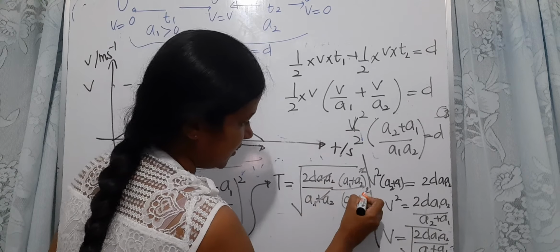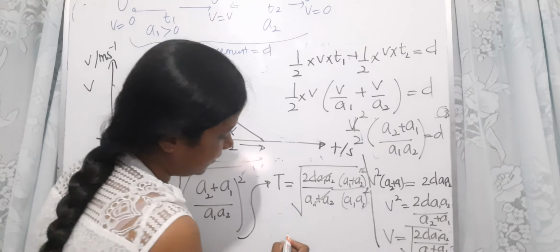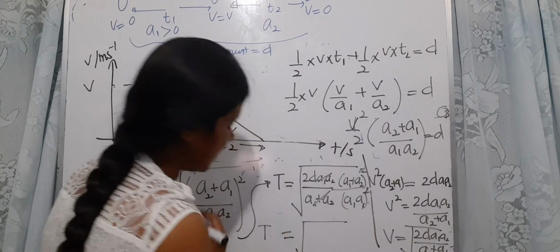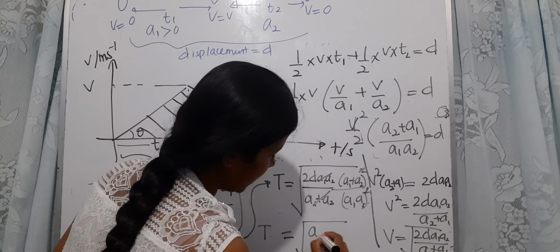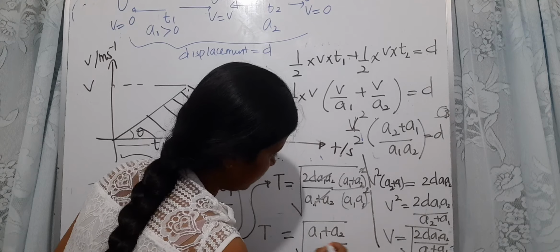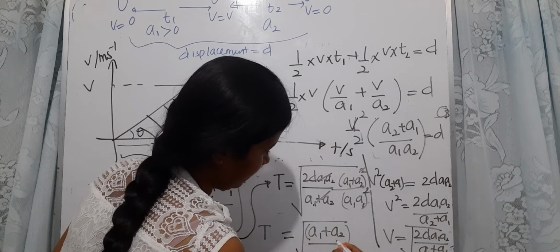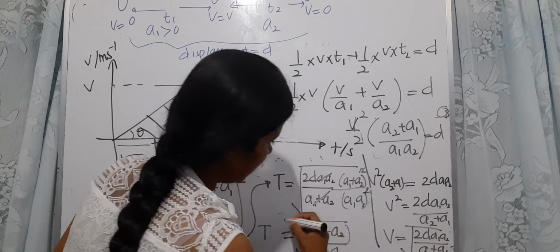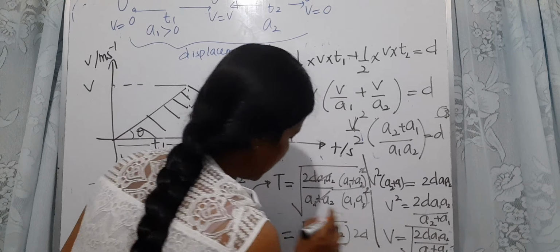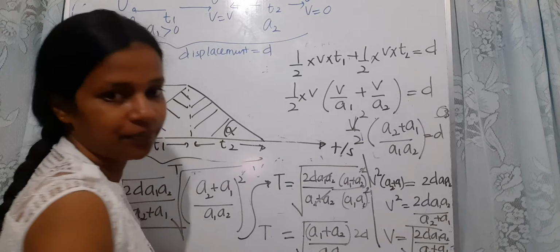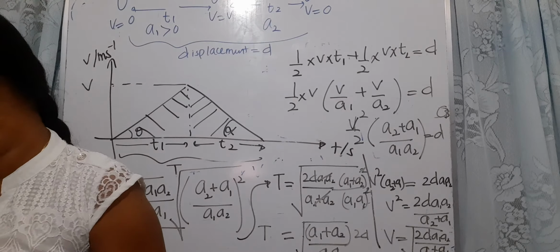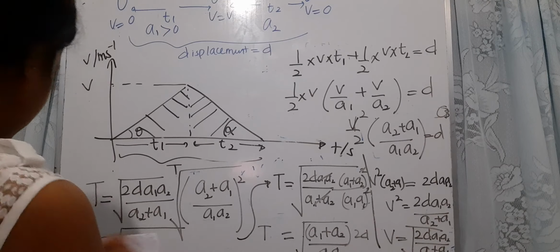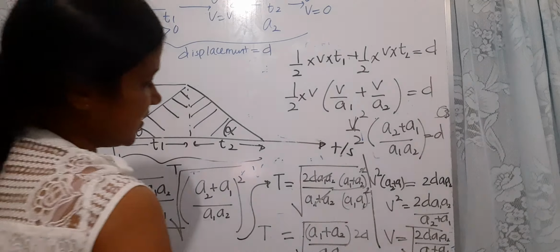Then you can find the expected answer. T equals square root of A1 A2 and A1 A2, and it should be multiplied by 2d. Then we have found both of the expected answers for v and t.